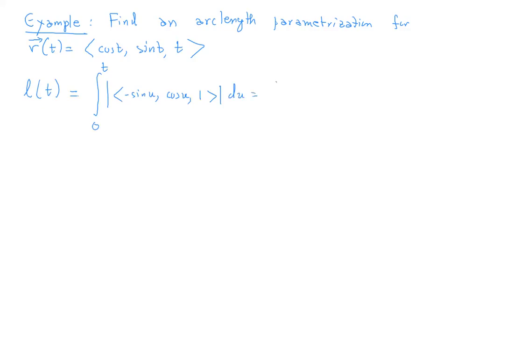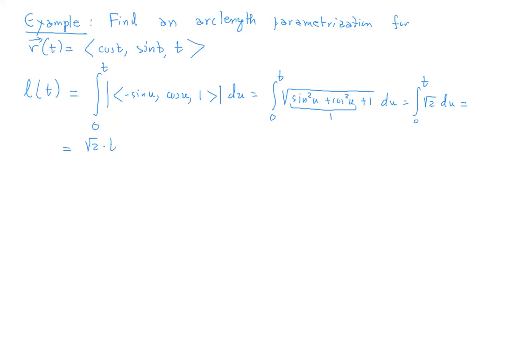That will be the square root of sine squared of u plus cosine squared of u plus 1. This is 1. So this will be the integral from 0 to t of square root of 2 du, which ends up being square root of 2 times t.